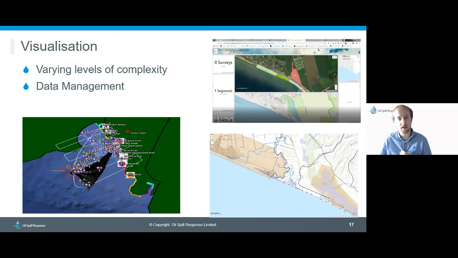And one of the most successful tools we've had is our shoreline survey tool, which allows responders that are surveying the shoreline to feed back their results in real time. So as they're walking along the beach, they can report back their position, they can take some photos of what they're seeing, send that back, and then that uploads onto the site, and people in the command centre can start understanding and working with that information in real time without needing to wait for the team to get back and write a report, upload their photos.